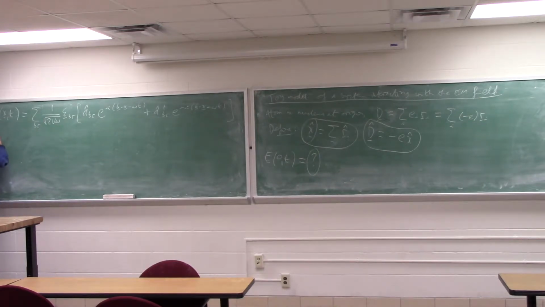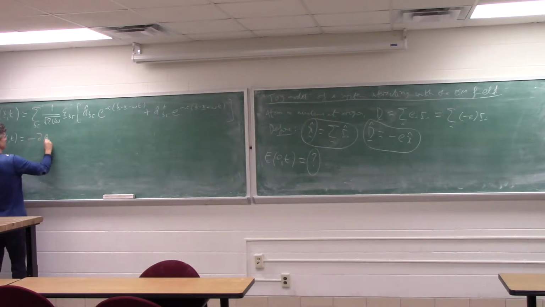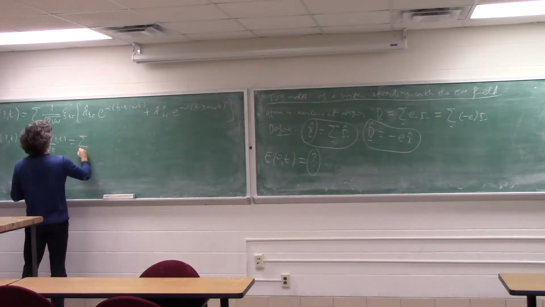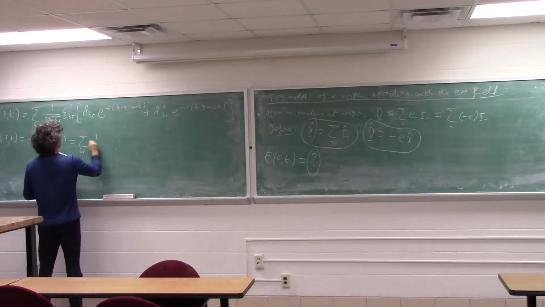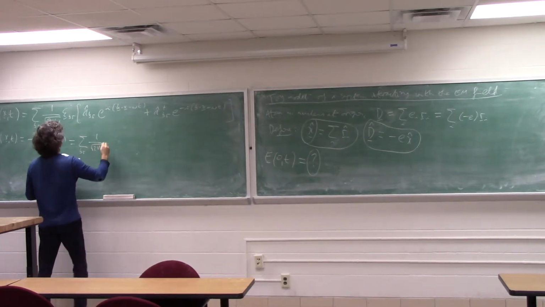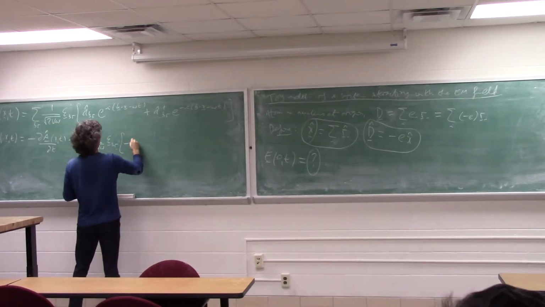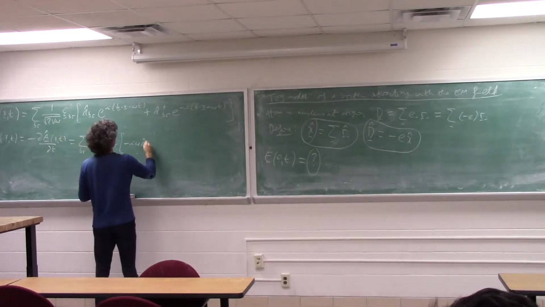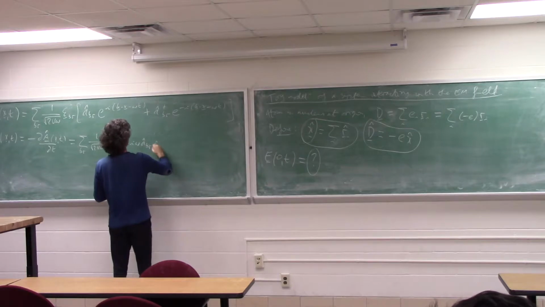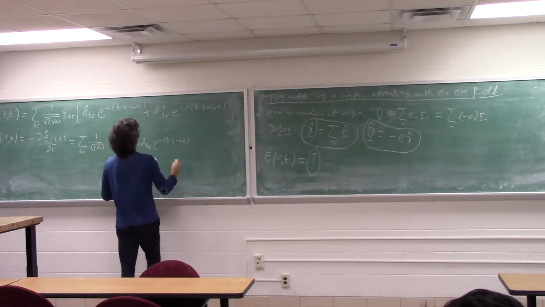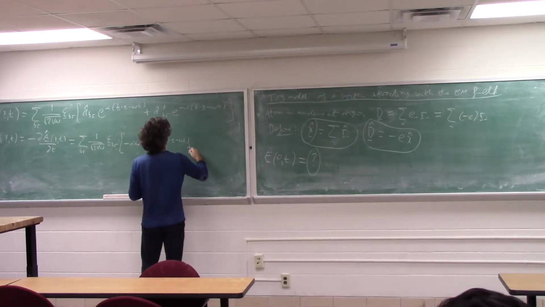The electric field operator at a general position is just minus the time derivative of this operator. So what is that? I bring down the minus i omega. And here I bring down the plus i omega.